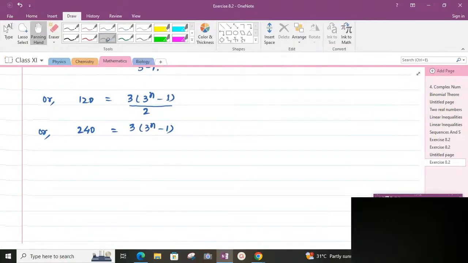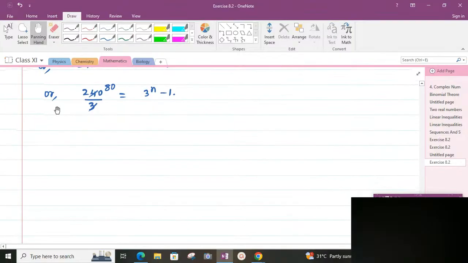So here will be 3 to the power n minus 1 equal to 240 by 3. When 3 moves to the left hand side, then multiplication will be division. Now we cancel out, then we get here 80.